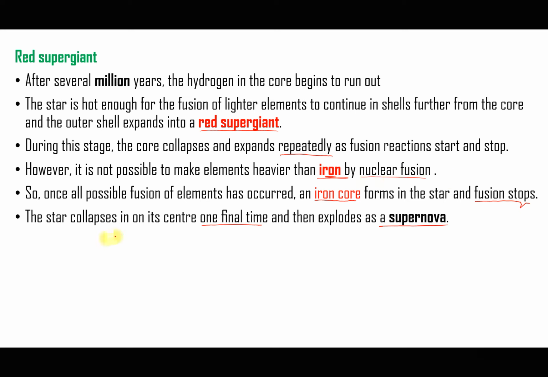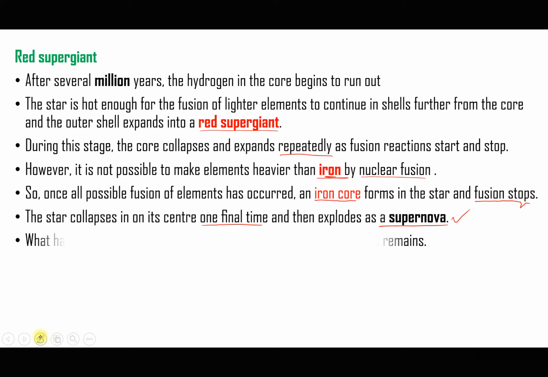So the star collapses. Remember, iron is the most stable nucleus. If you look at very stable nuclei, iron is actually the most stable. So once iron is formed, fusion reactions cannot occur anymore. So it means the star is going to collapse in on its center one final time, and then it is going to explode into what we call a supernova.